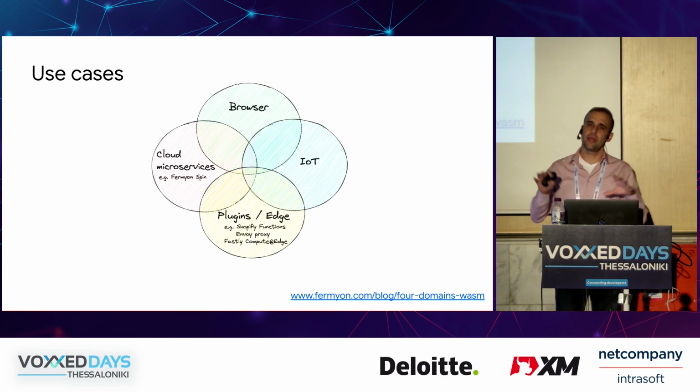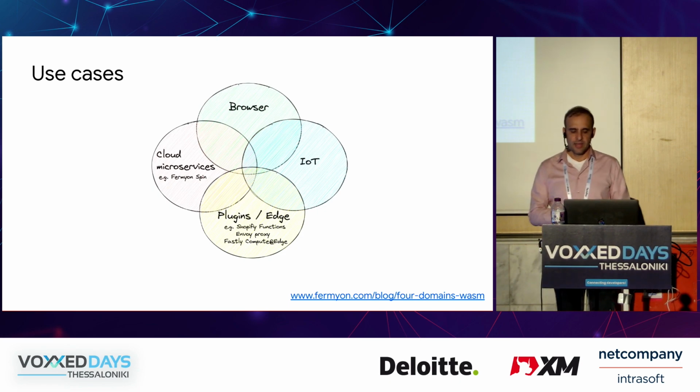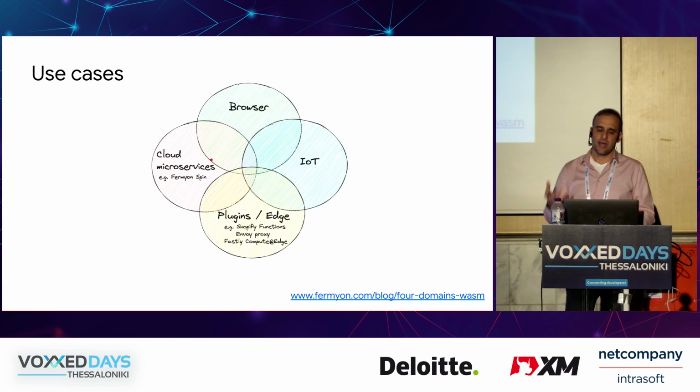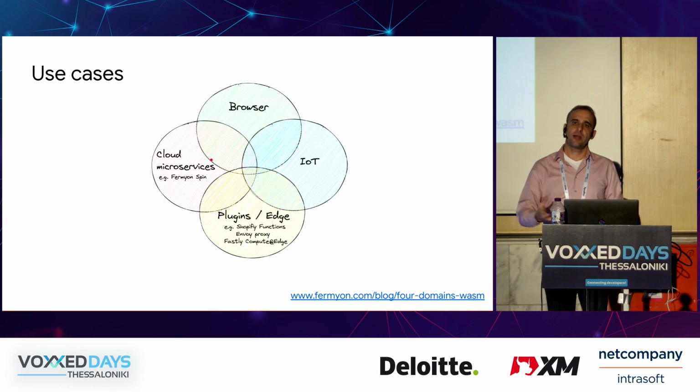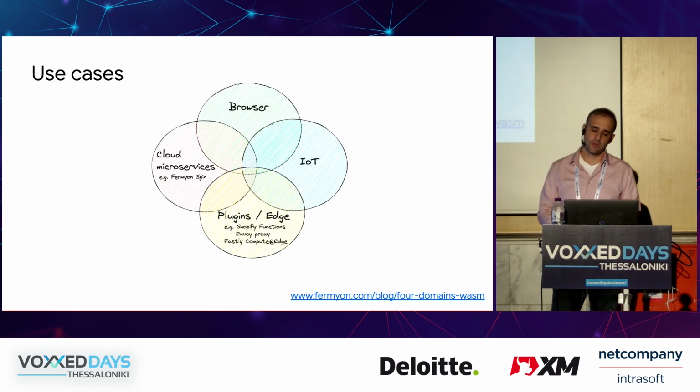But these are the four main areas I see as the main use cases for WebAssembly. I'm mostly interested in the cloud microservices area because that's what I do. The idea here is that we can run our services today, but maybe we can run them in a better way using WebAssembly in the future. That's the question that we are trying to figure out.